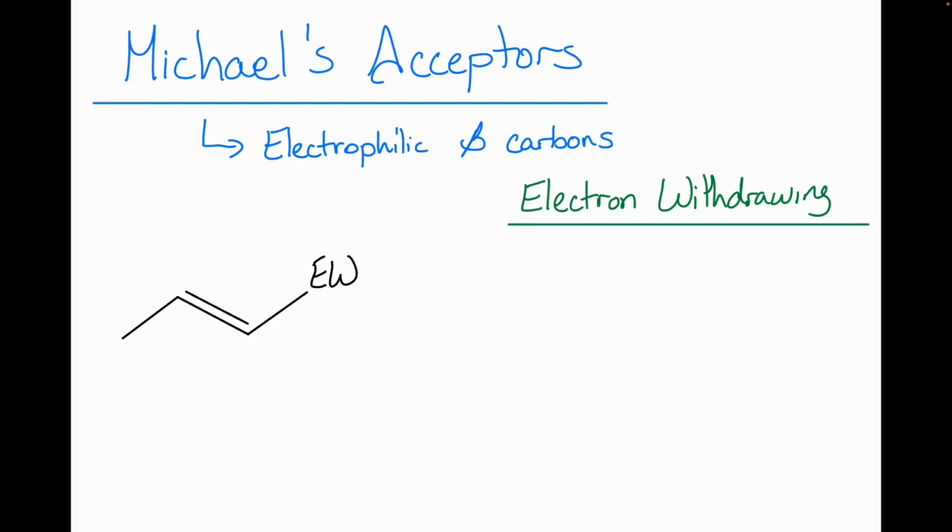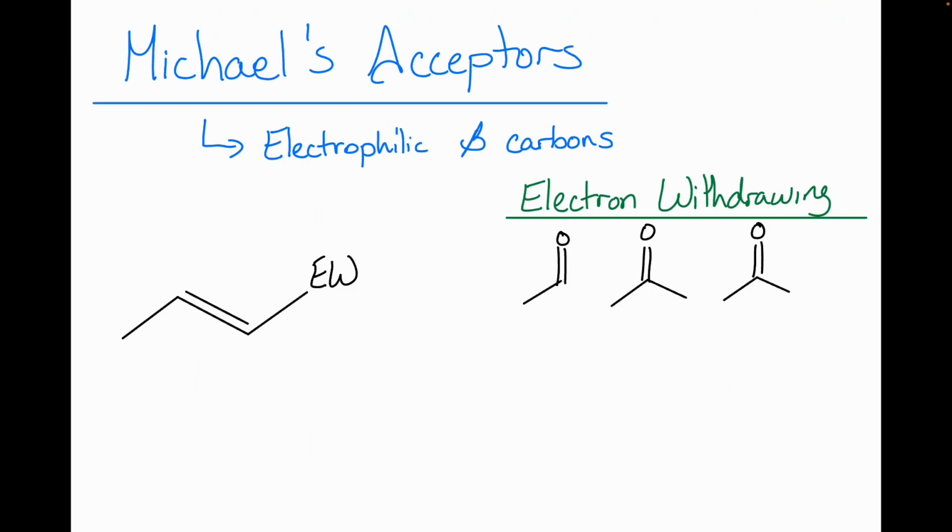First of all, we have our aldehydes and our ketones. But there are other carbonyl containing functional groups as well that we could have. So for example, an ester.